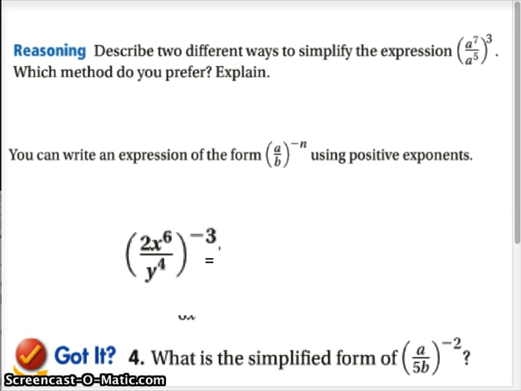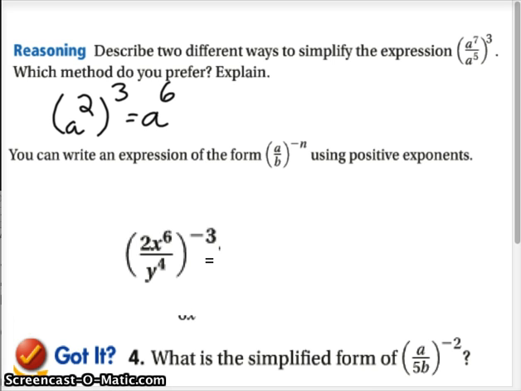So that a to the 7 divided by a to the 5, I right away simplified to a squared. I cleaned up the inside of my parenthesis. So 7 minus 5 gave me 2, and now power of a power would give me a to the 6.